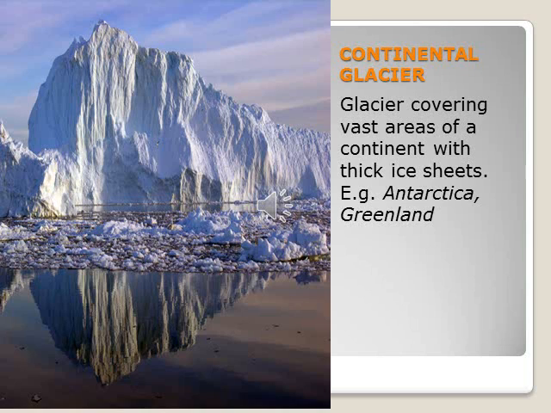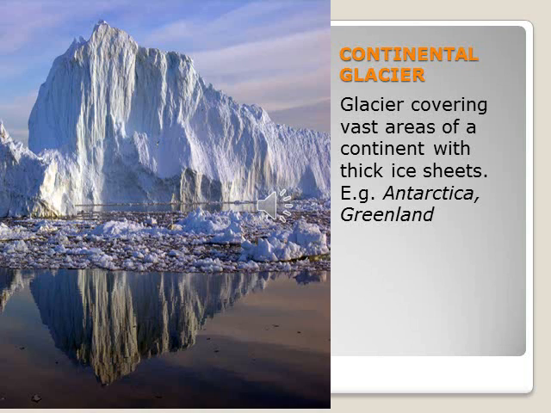You heard of the continent Antarctica. Antarctica is fully covered with ice only, so this is an example for continental glacier. Also Greenland, located near the North Pole, is fully covered with ice. These are examples for continental glacier.